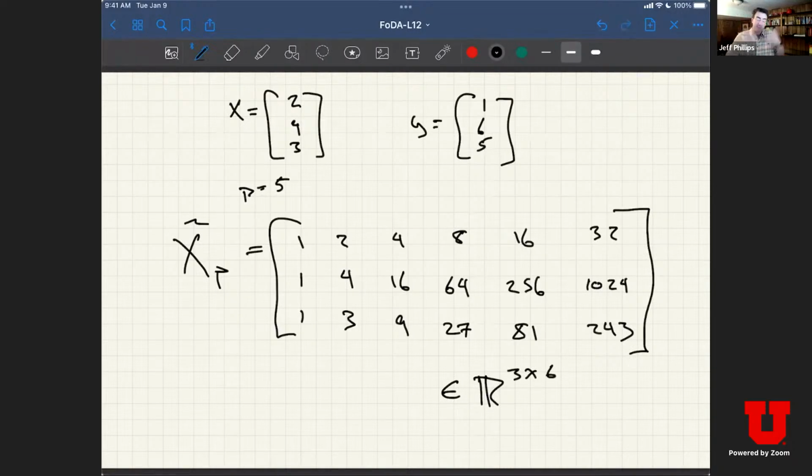Okay, so this is how the expansion works. Once I have this X tilde p matrix, I can do the same techniques as the high-dimensional linear regression, but I've done all the polynomial part in a pre-processing step, and then the solution is the same after that.